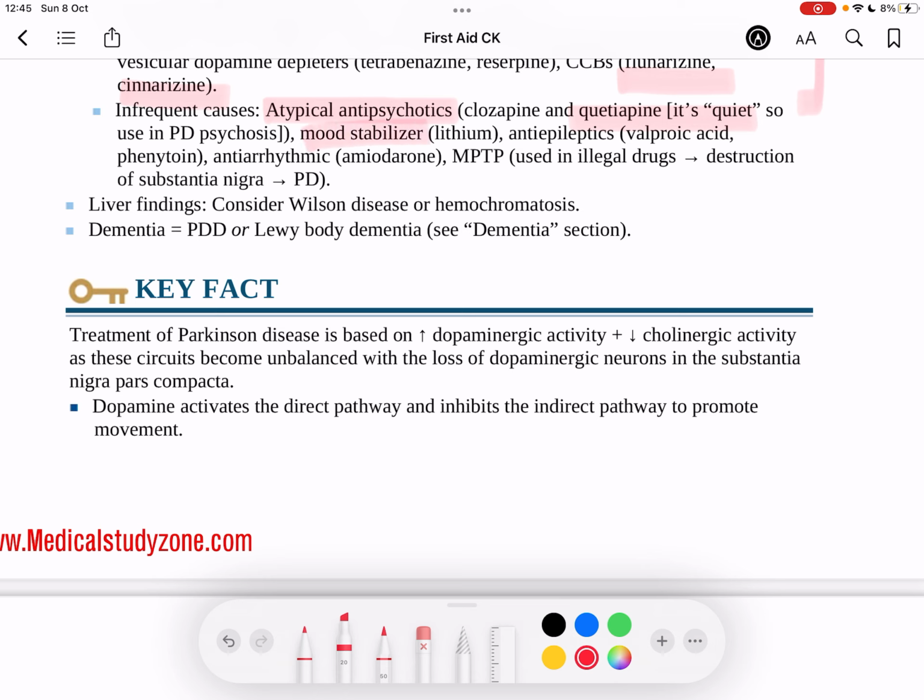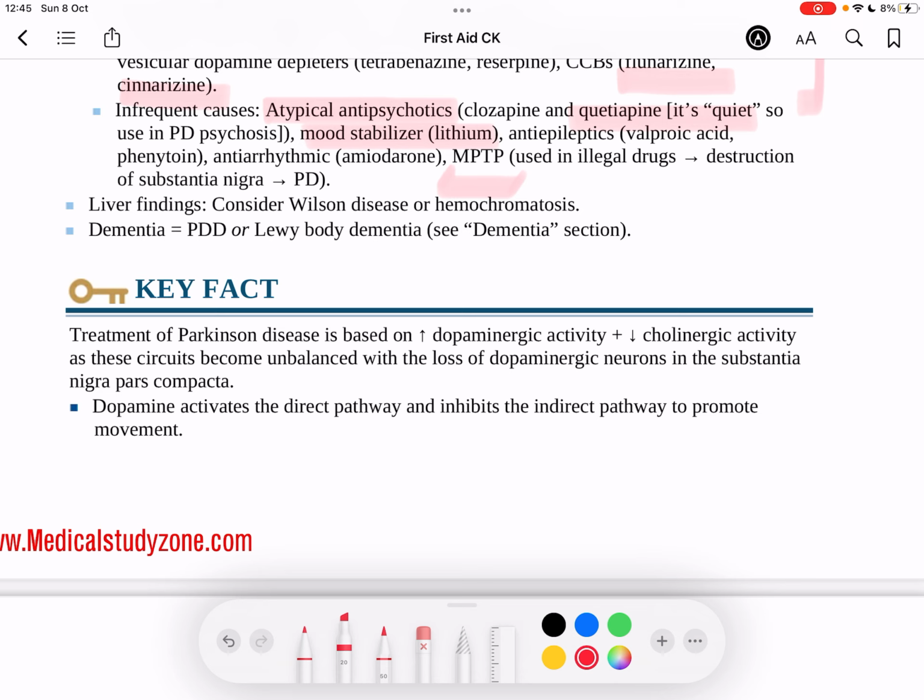Lithium can occasionally cause Parkinson's-like symptoms, and some antiepileptics like valproate and phenytoin. Some antiarrhythmics like amiodarone can cause it. And then also this drug called MPTP, which is an illegal recreational drug. It was used a lot, I think, in the 80s or the 90s.